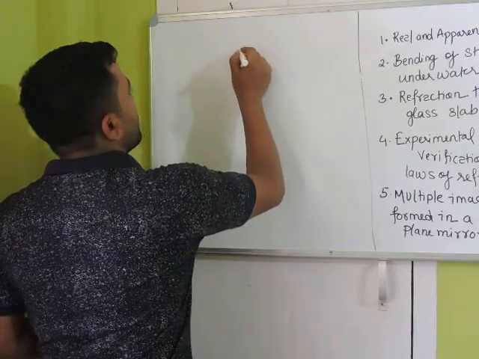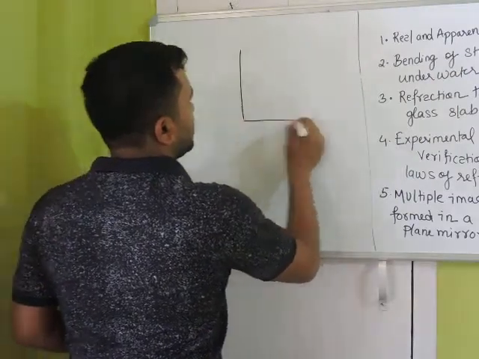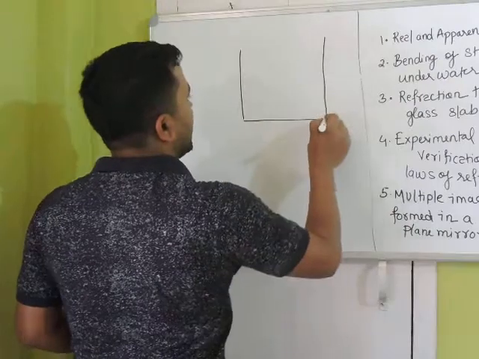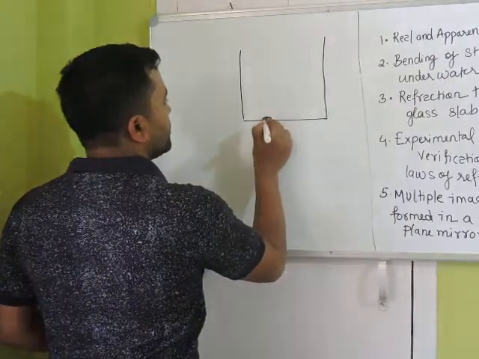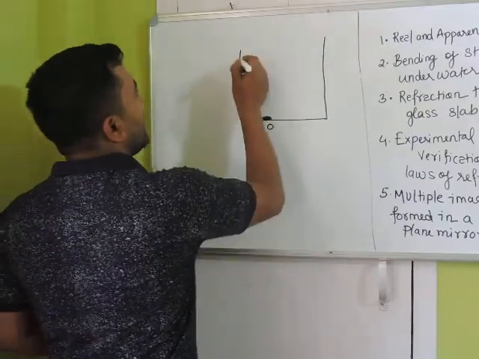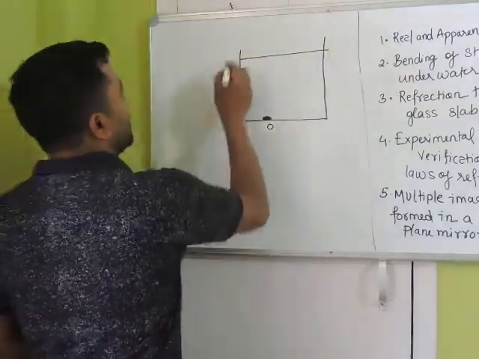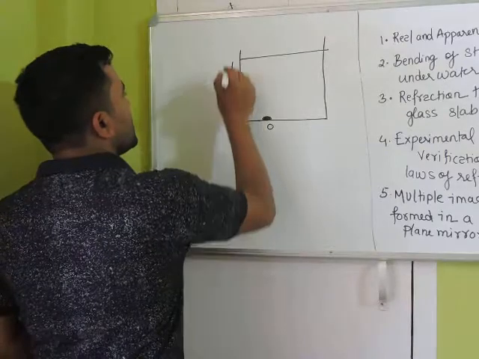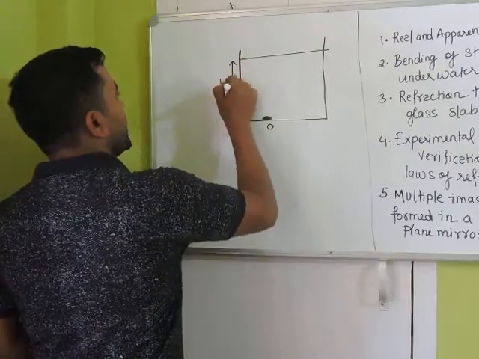So suppose we have a container and there is a coin here at the bottom of the container. Let us say this is the object and this is water. So this is the real depth. We are writing it h.